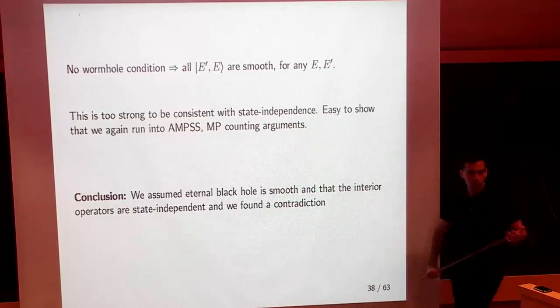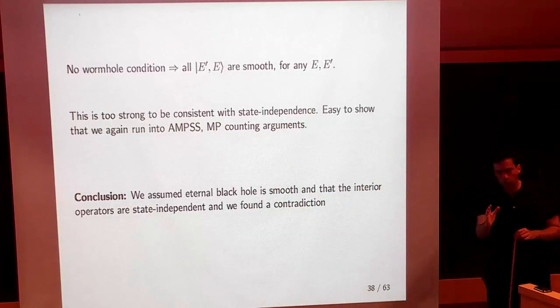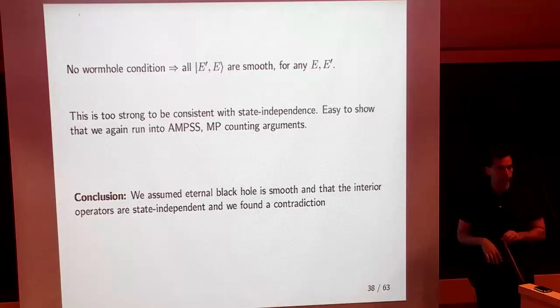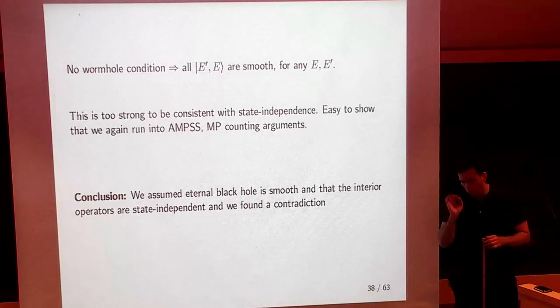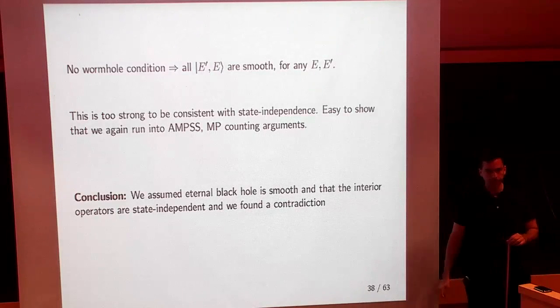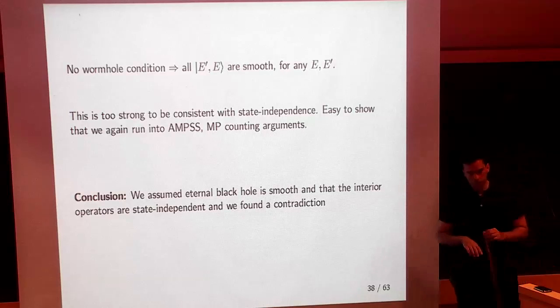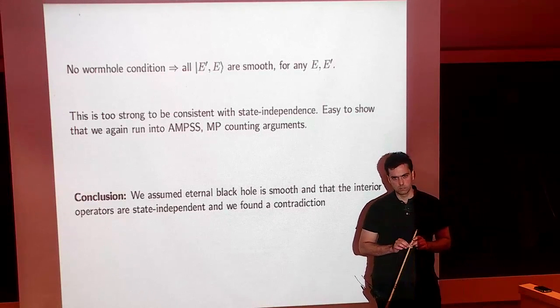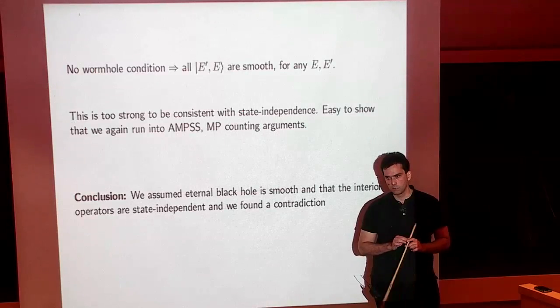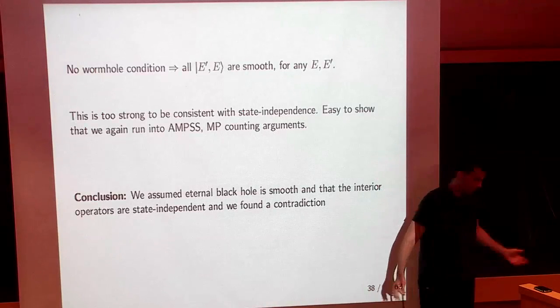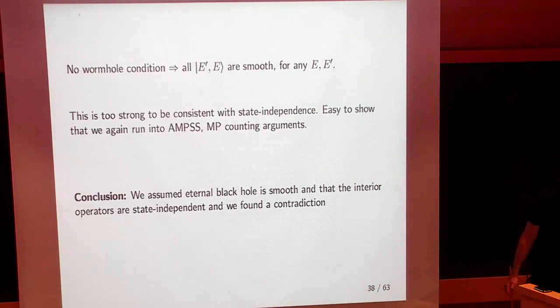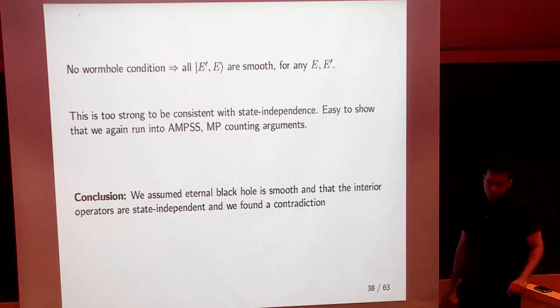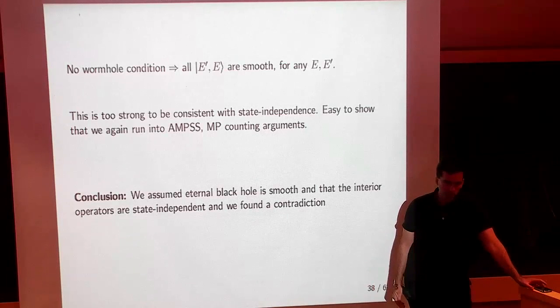Wait, you made another assumption. Sorry. And there's no wormhole. That's right. There's no wormhole. And there's no wormhole for states without entanglement. But that's okay. One might have worried already that was inconsistent with linearity. If you think that the thermofield double has a wormhole and it's the superposition of these other states, and if it's impossible to affect one side in any of those bases of states, then how can you possibly have a wormhole in the thermofield double?